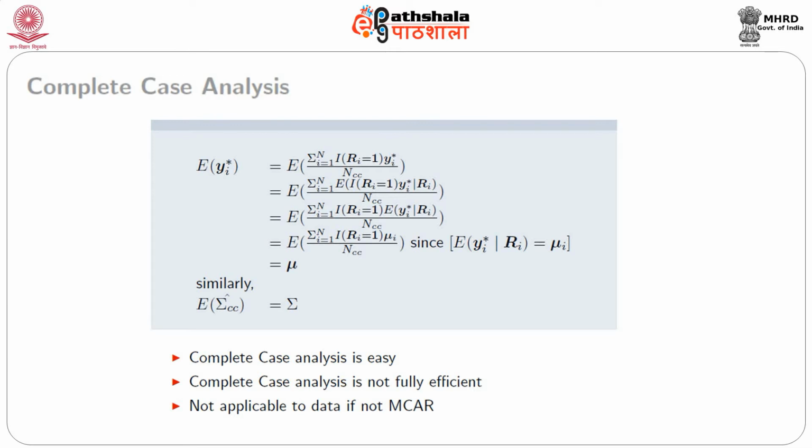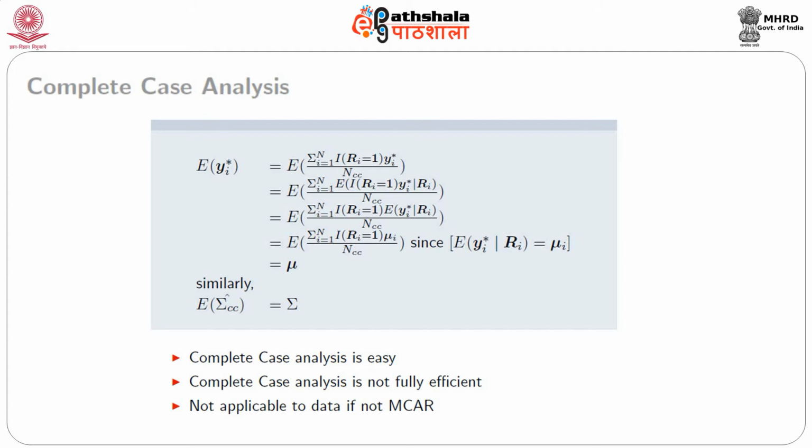The proof is that the expectation of mu hat CC is the expectation of 1 by NCC times the summation i equal to 1 to n of the indicator of Ri equal to 1 times yi star, that means all those yi's which satisfy our condition. If we follow the steps provided here, it leads to the expectation turning out to be mu.